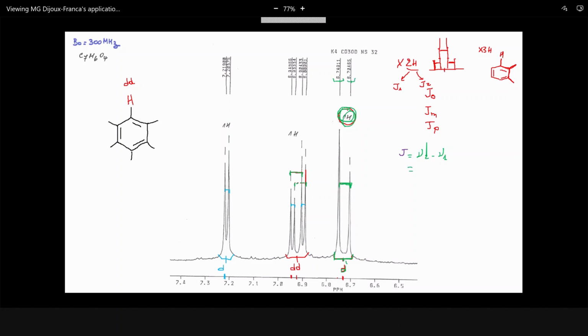And remember, I told you that we can use the chemical shift, but we need to know the value of the B0 field and divide by 10 power 6. So here, if we make the calculation, the coupling constant will be 6.74911 minus 6.7040.